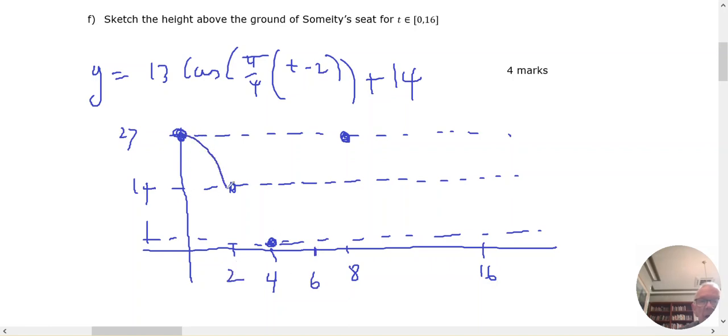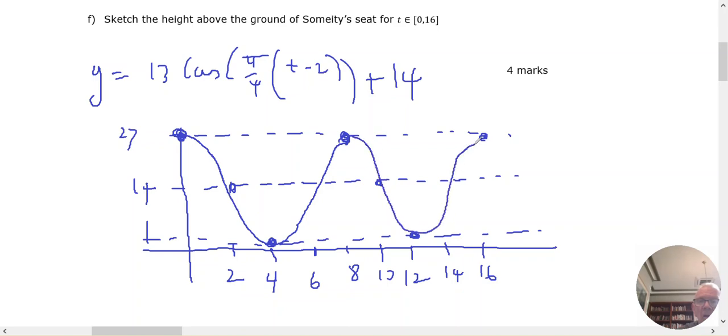So it would look like this. And at 12 and 14 and 10. Except it has been moved to the right 2 units.